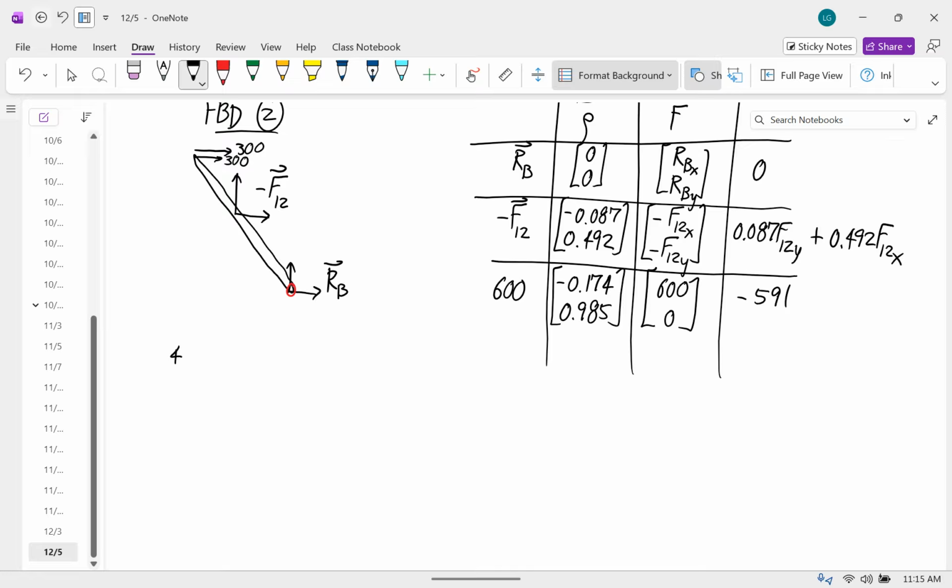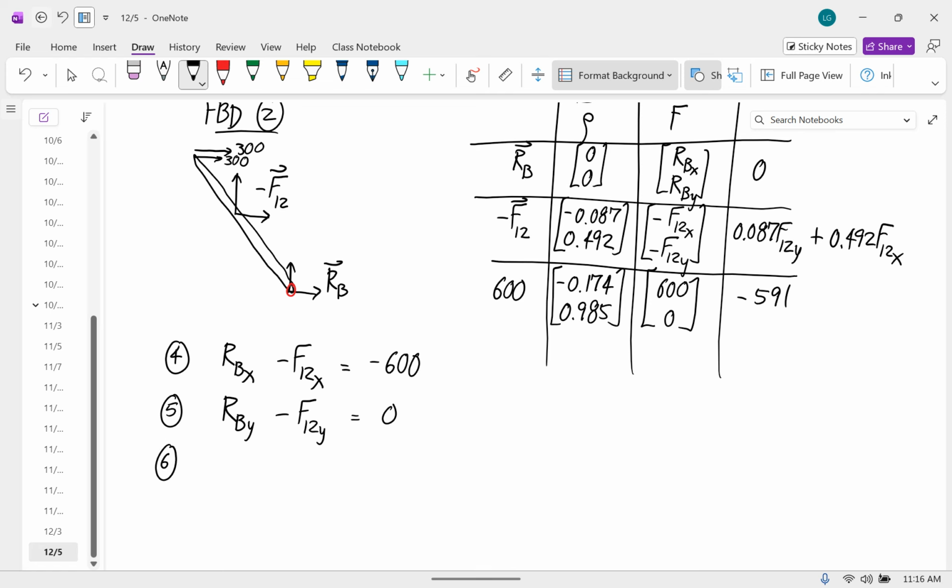So equation 4 says RBX minus F12X is equal to negative 600. Equation 5, RBY minus F12Y is equal to 0.